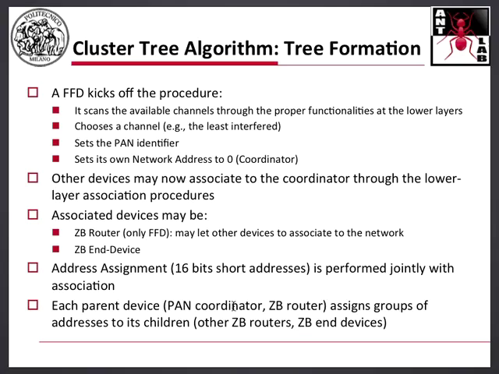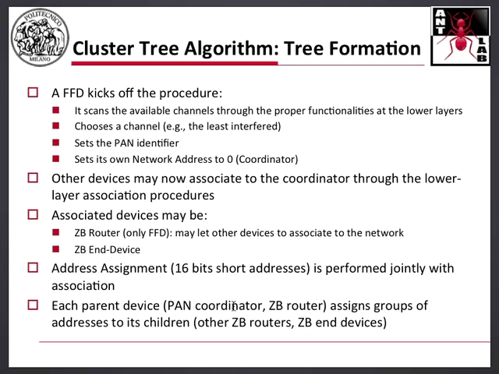So once a node is associated to the network, at that same time, it has a ZigBee address, a 16 bit long address, which it can use to actually route information. Clear?